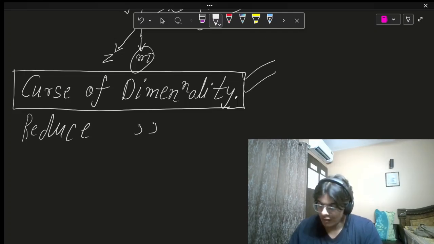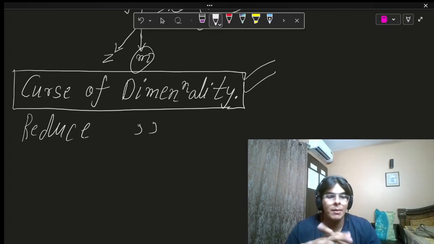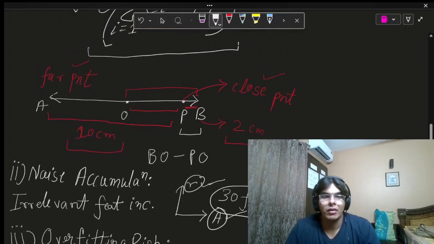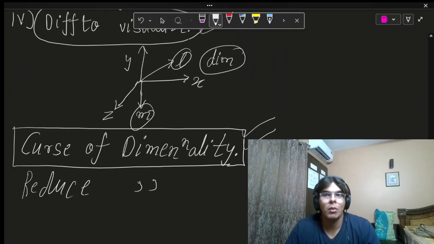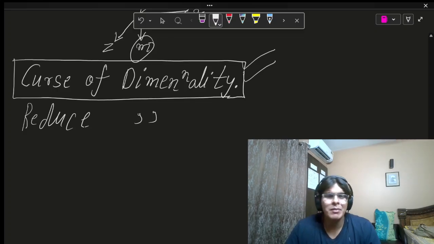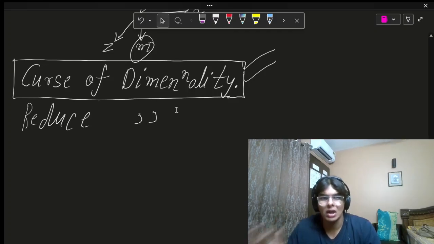See, one way that we can understand this, we can say it simply that we are trying to reduce the dimensionality because we have got these four or a multitude of disadvantages that we are trying to avoid, and avoiding them can basically bring us a cleaner version of a data set where we have data which does not have all these problems.